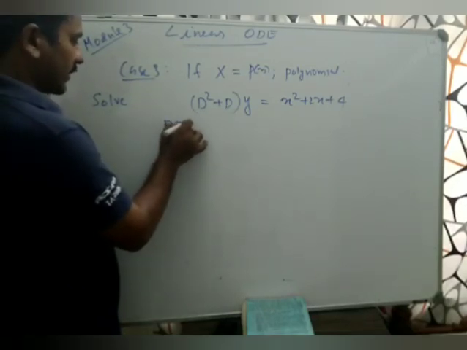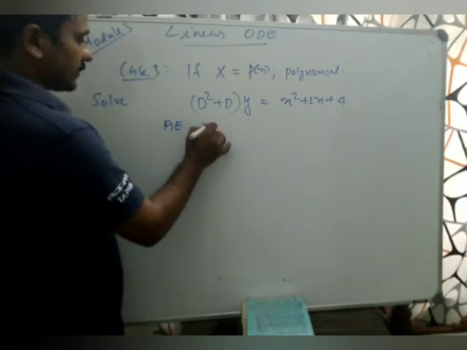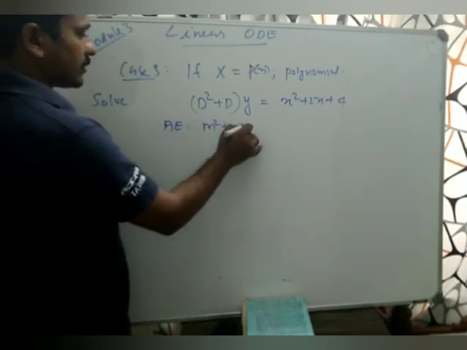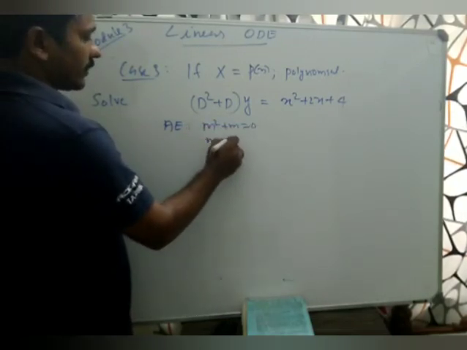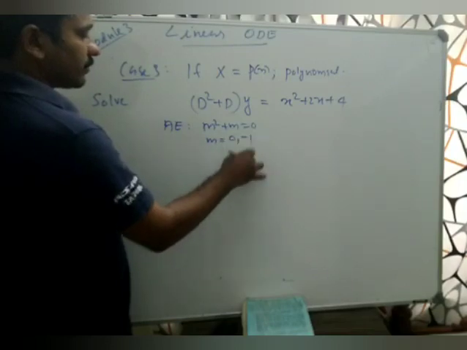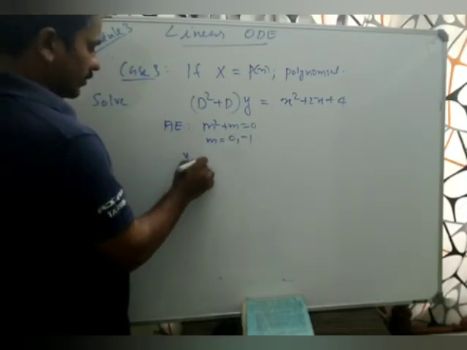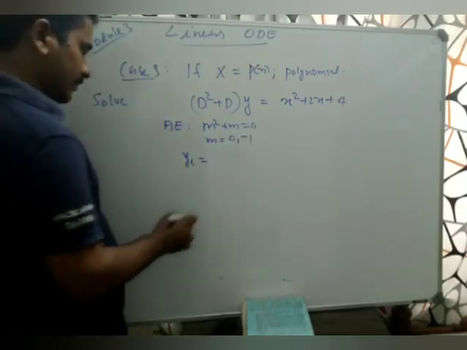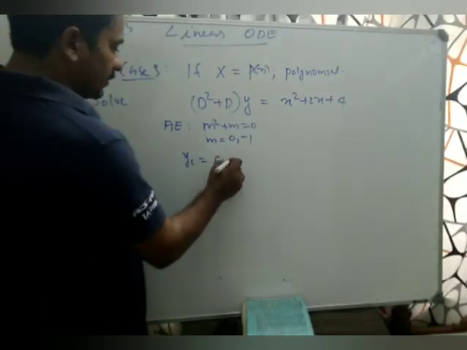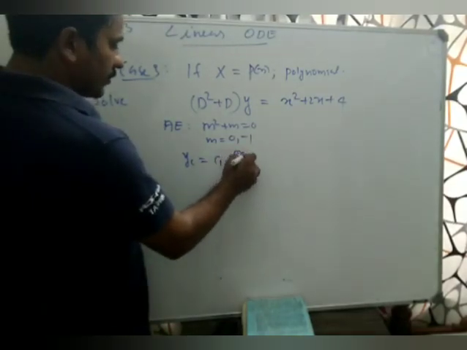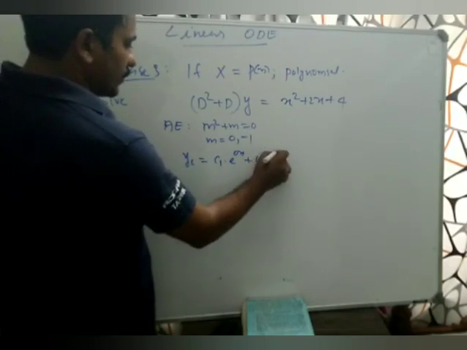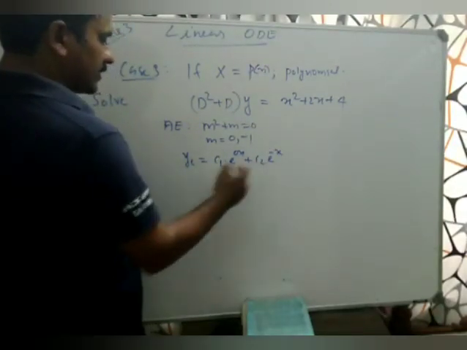Okay, now find the complementary function. So write the auxiliary equation as m squared plus m is equal to 0. When you solve it, you will get 0 and minus 1. So the complementary function yc is equal to c1 e to the power 0x plus c2 e to the power minus x. This is the complementary function.